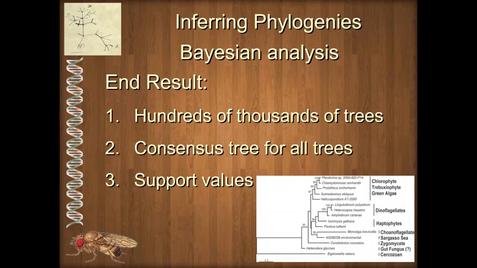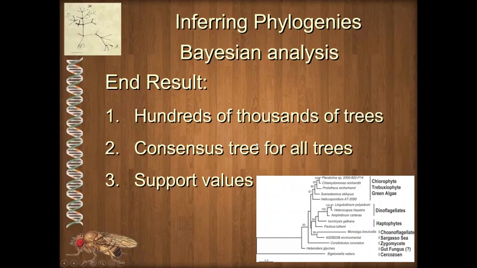You get an end result that says this is the best tree overall based on this parsimony criteria, but it doesn't tell you if some of those relationships are better supported than others. A Bayesian analysis does that. So it's another time-saving part of a Bayesian analysis. Not only are Bayesian analyses overall faster than maximum likelihood analyses, but they also give us a support measure at the end of the analysis. So that's a huge advantage for Bayesian analysis.